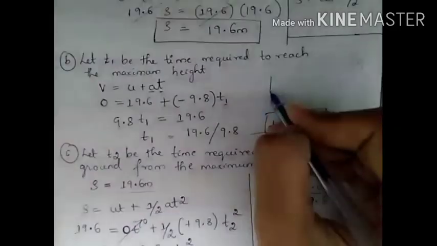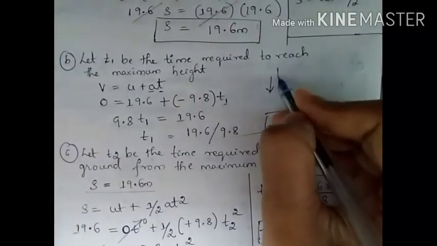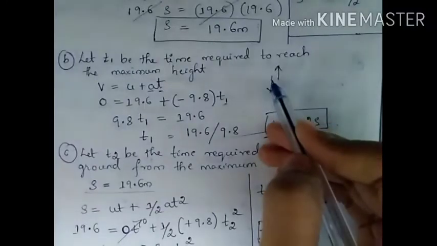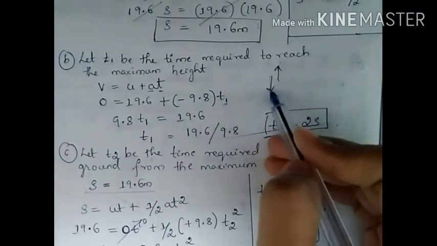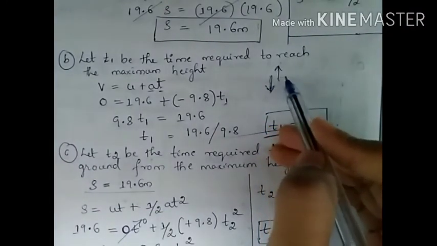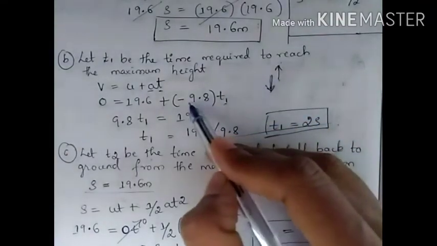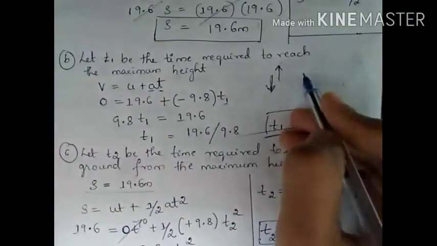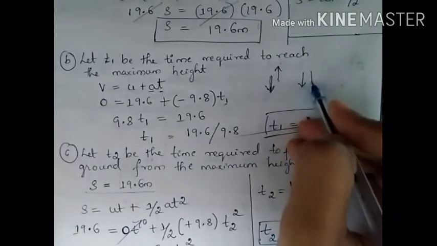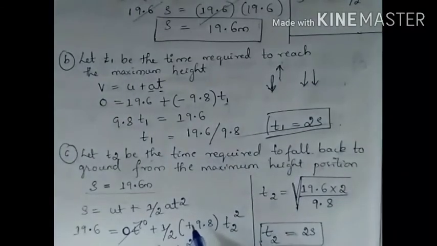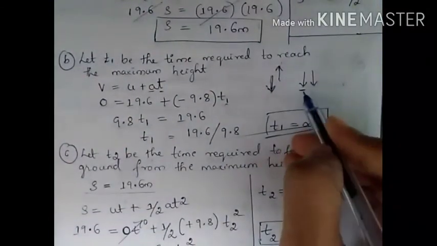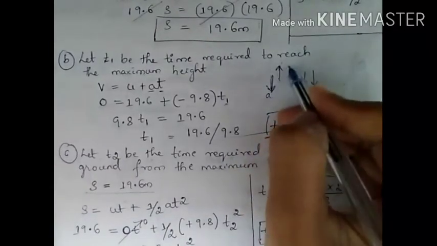So the acceleration due to gravity is in this direction and the ball is moving in this direction. So since A is opposite to the motion of the ball, we can take it as negative. So if the ball falls in this direction and acceleration is also in this direction, then you can take A as a positive value.